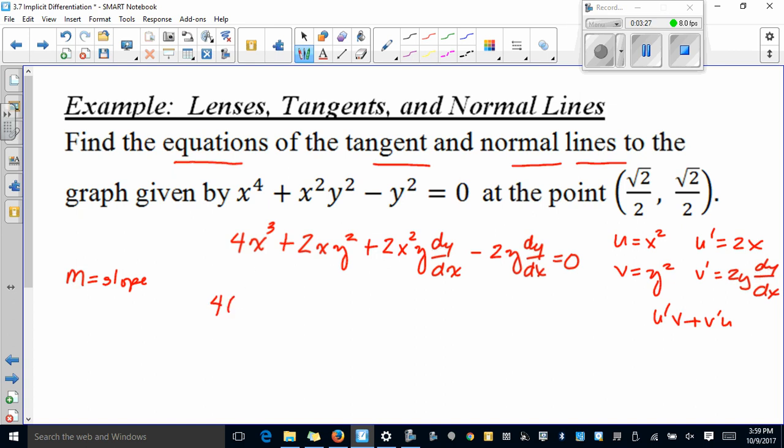plus 2 square root of 2 over 2. Now I'm going to ask you this one. If x and y are the exact same values, do I have to write it more than once?